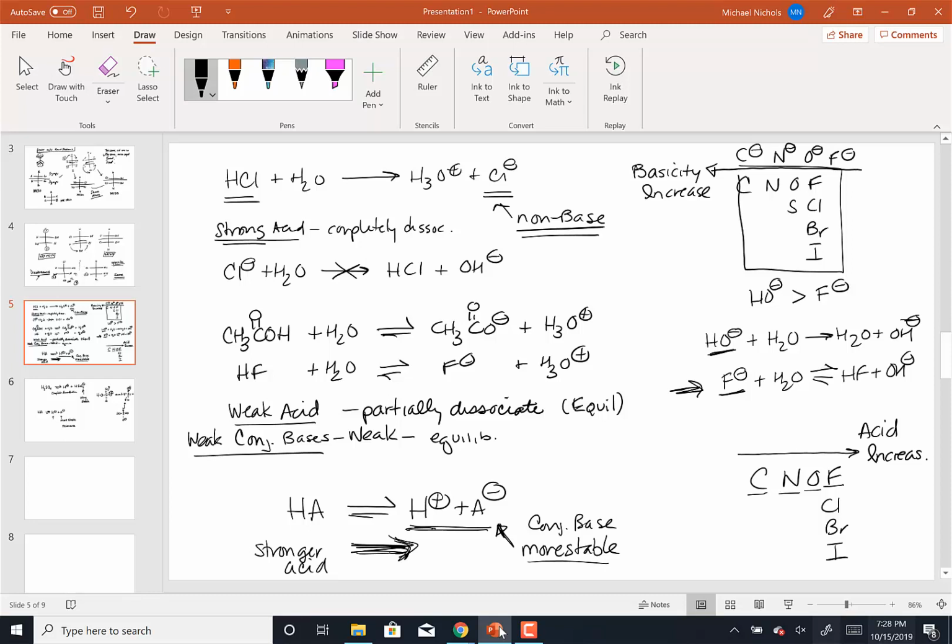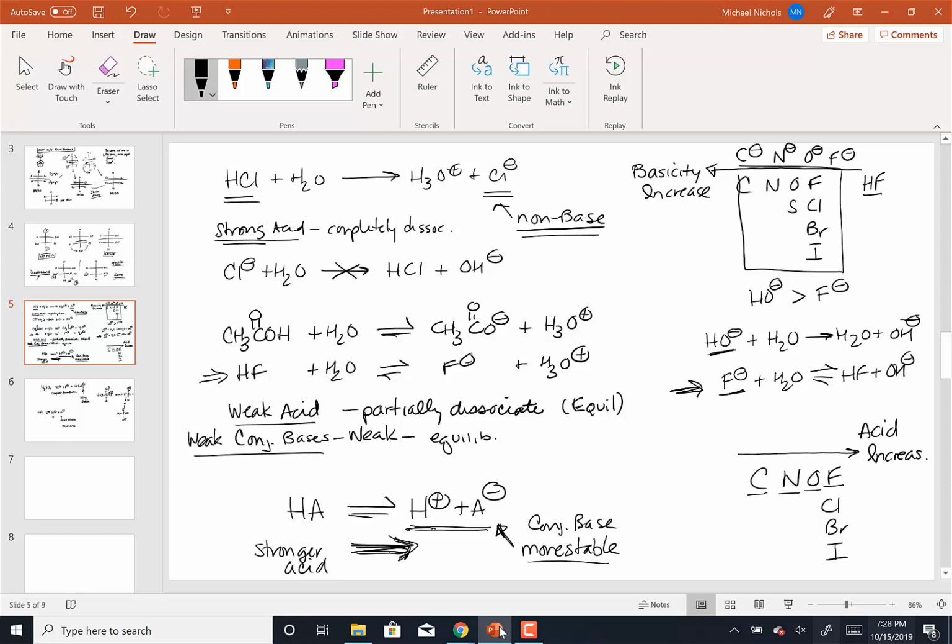Now, what about the vertical ones? Well, HF, as we've already seen, let's just look at the acid strength first. HF, as we have already seen, is a weak acid. Why? Because the HF is in equilibrium.